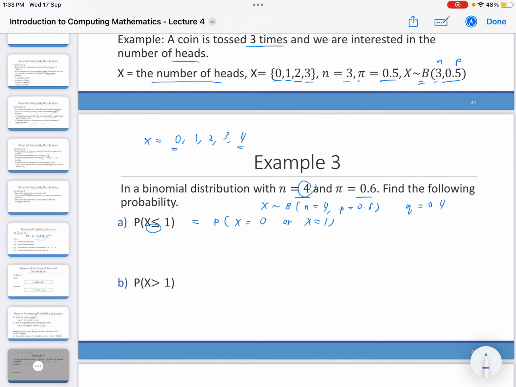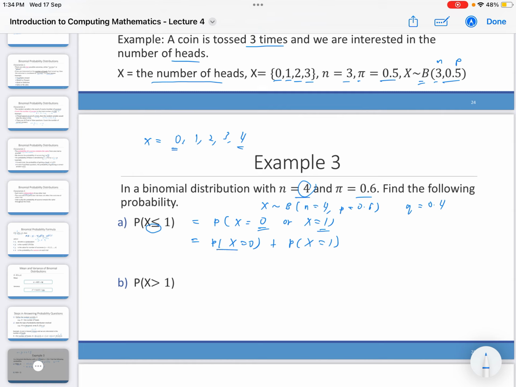So we want probability of x less than or equal to 1, that's why we have probability of x equals 0 or probability of x equals 1. And remember, the probability distribution values are mutually exclusive events. So probability of x equals 0 cannot happen at the same time as x equals 1. So this equals probability of x equals 0 plus probability of x equals 1.